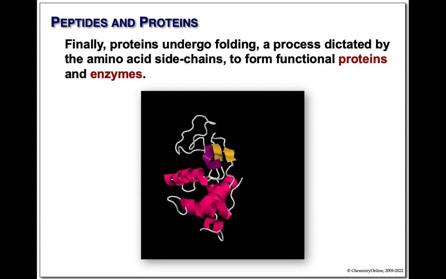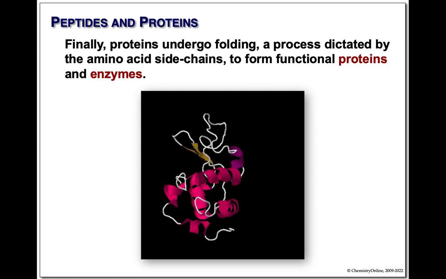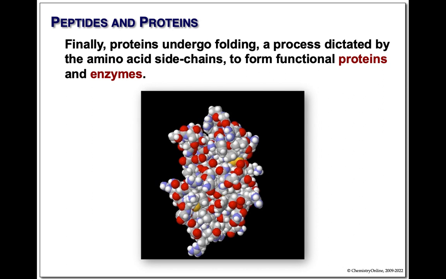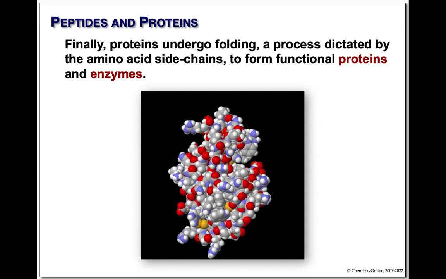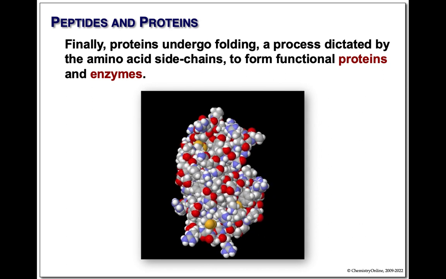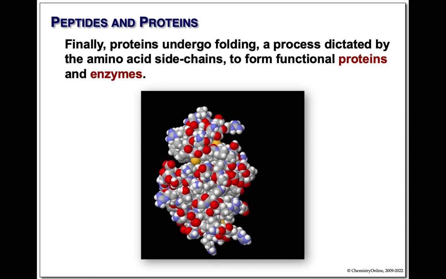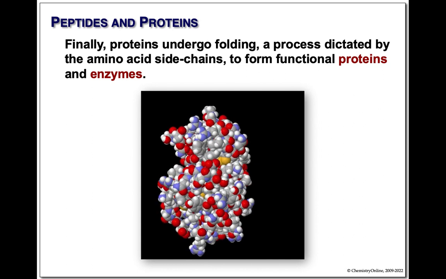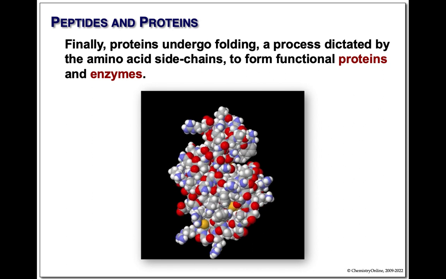So something like that. And this is what the molecule looks like in 3D. As it comes around, right in here, this is the active site. This is the mouth, if you will, where the stuff binds and then it's cleaved.